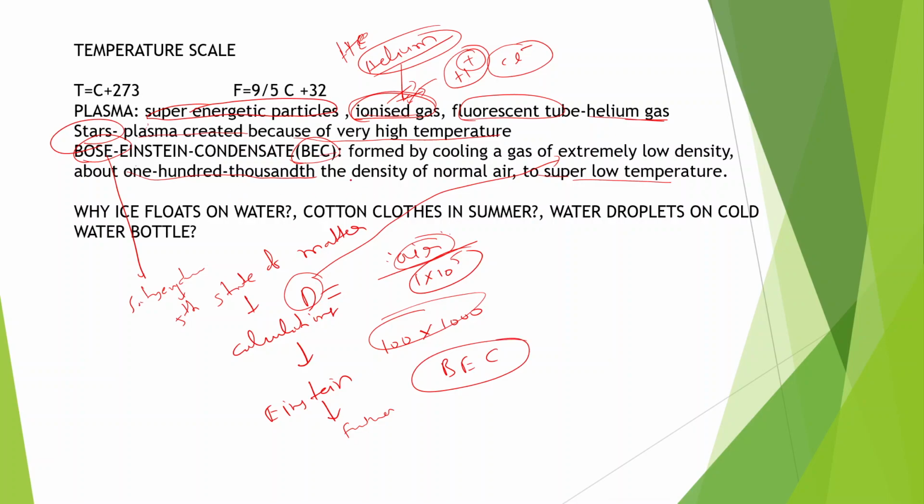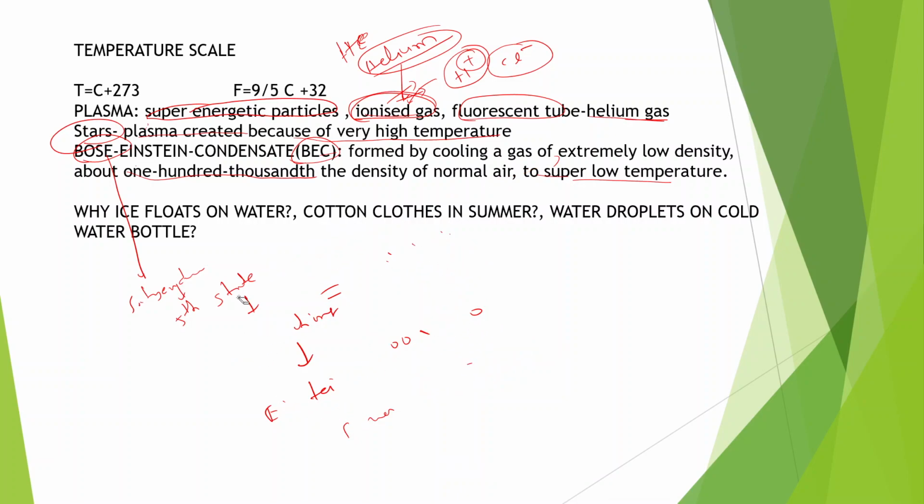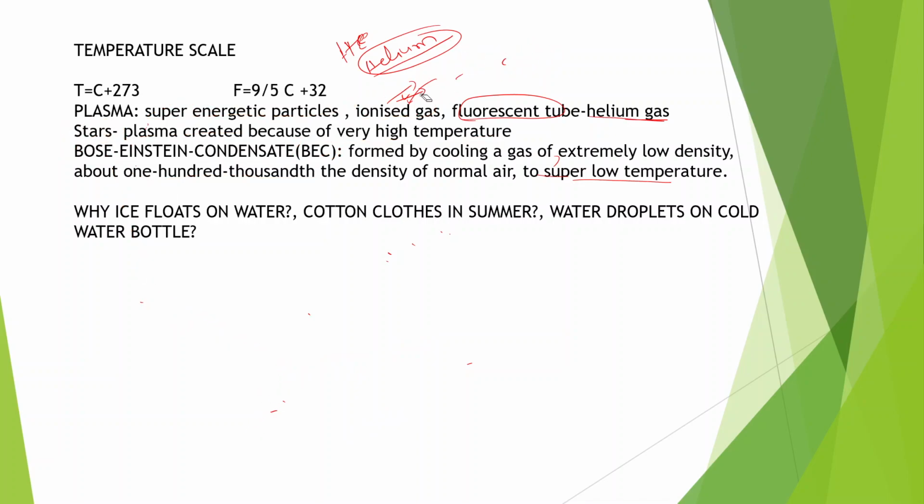Okay, and the next questions are the last questions given at the end of the chapter in matter and our surroundings, like why ice floats on water, and why we have to wear cotton clothes in summer. I already told the answer for this one. Why are cotton clothes worn in summer?